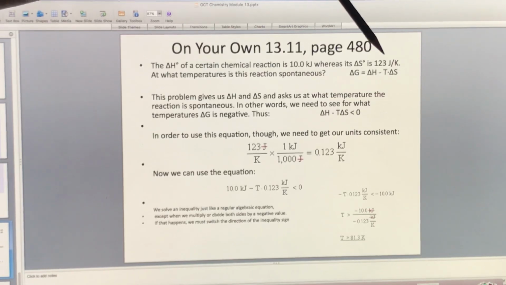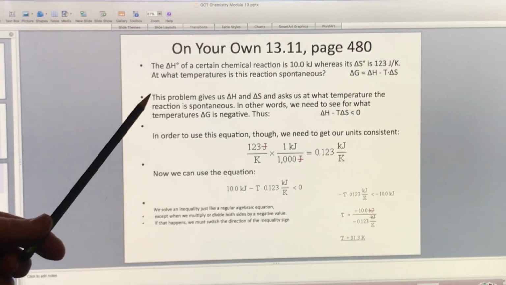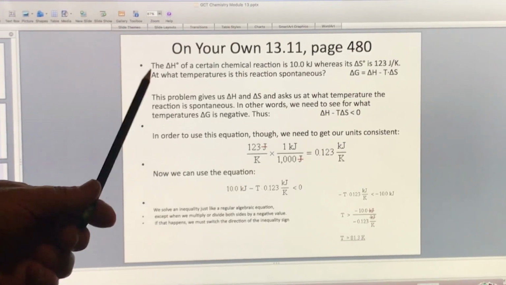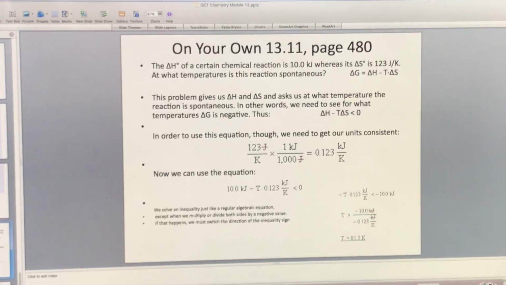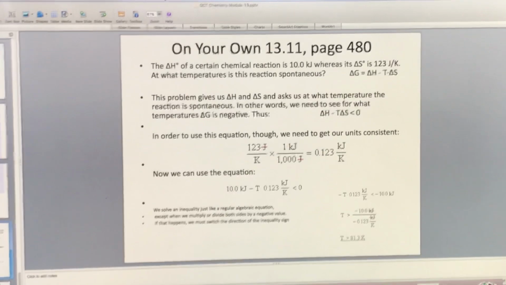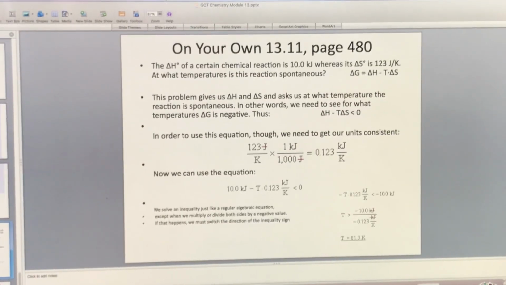So immediately I'm noticing that we have kilojoules here and joules here, so we're going to have to reconcile those. This problem gives us delta H and delta S, and asks what temperature the reaction is spontaneous.